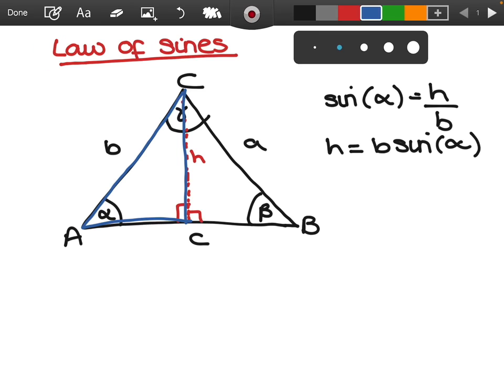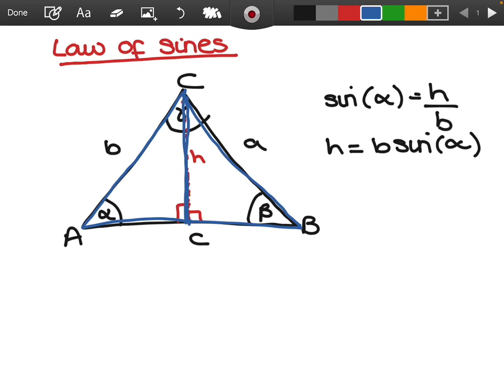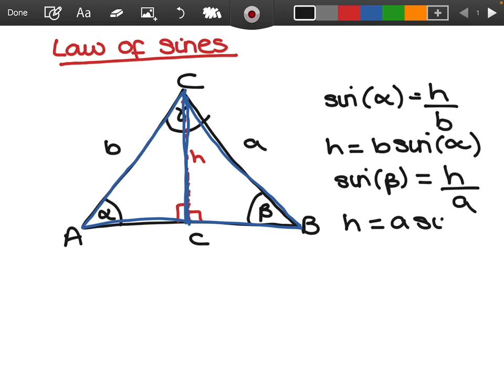Okay. That tells me that I can rearrange this and write H as B times sine of alpha. Alternatively, I could have taken this as my right triangle. Okay. And now I can write sine of beta is equal to, again, opposite divided by hypotenuse, H over A. So H can also be written as A sine beta. So I can set these two things equal to one another.